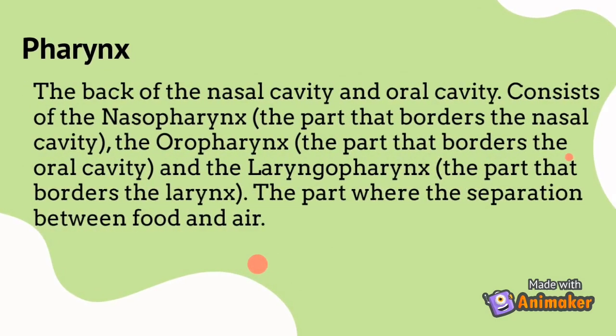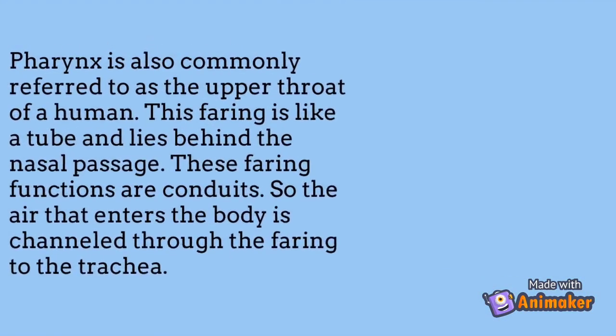Pharynx, the back of the nasal cavity and oral cavity, consists of the nasopharynx, the part that borders the nasal cavity, the oropharynx, the part that borders the oral cavity, and the laryngopharynx, the part that borders the larynx, where the separation between food and air occurs.